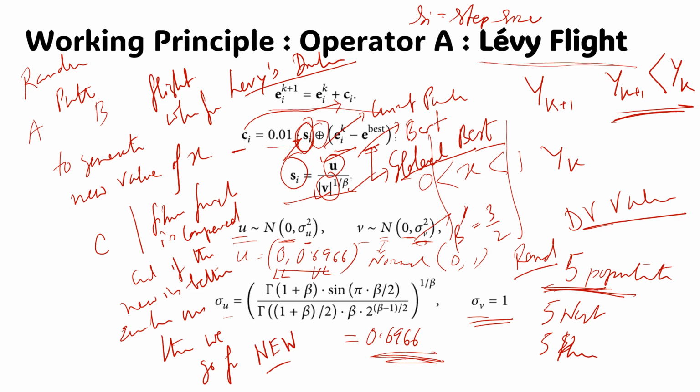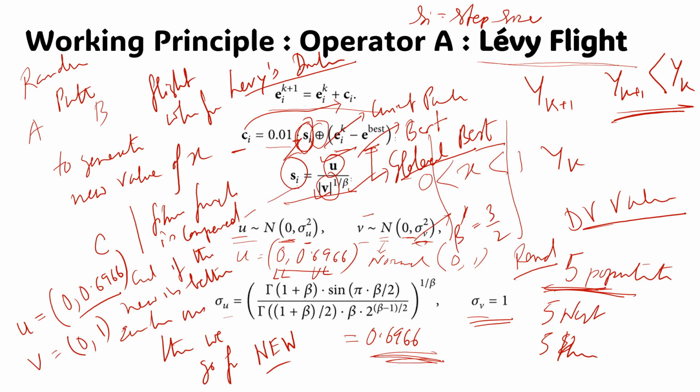Another thing to notice: here U can take any value between 0 and 0.6966, and V any value between 0 and 1. So when you find the C_I value, what is happening here? First you find the values of U and V, okay?